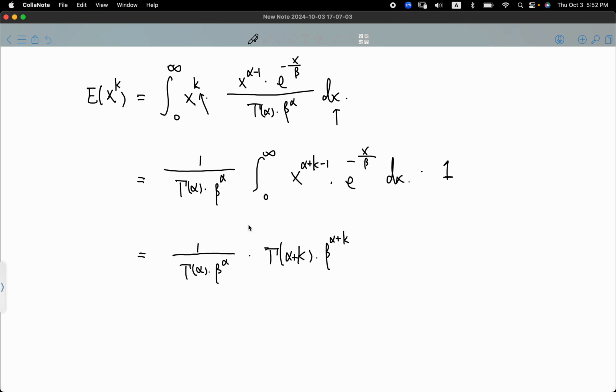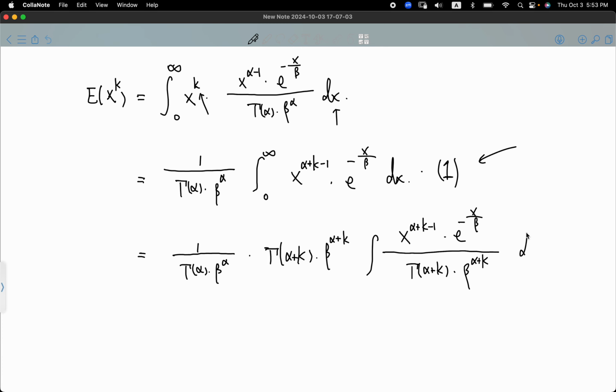So now we multiply by a particular quantity here, and we also divide by that so that it does not change the whole quantity. That is what it means to multiply by 1. So inside the integral we have x to the power of alpha plus k minus 1, and e to the negative x over beta, and then we divide by what we multiplied in the beginning, which is in the denominator, and then dx.